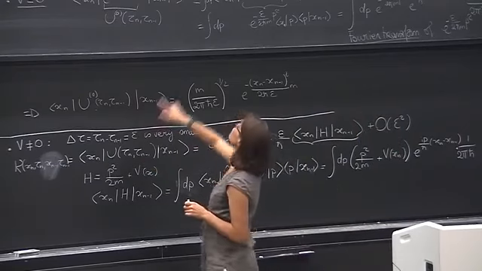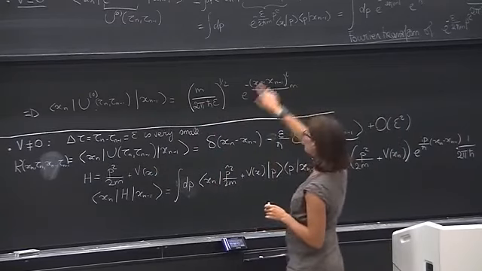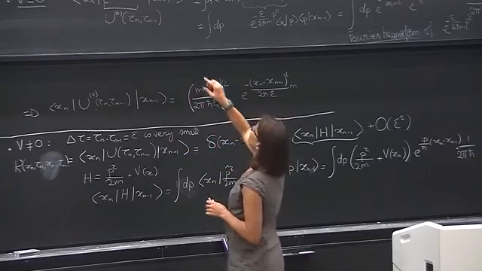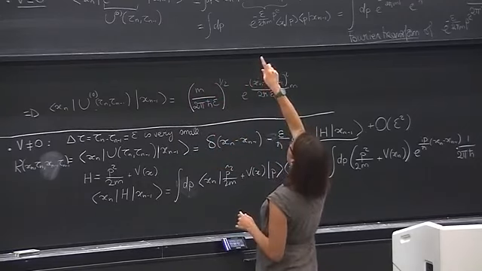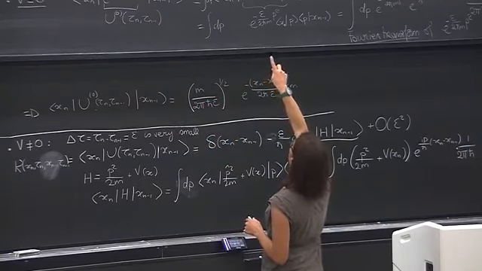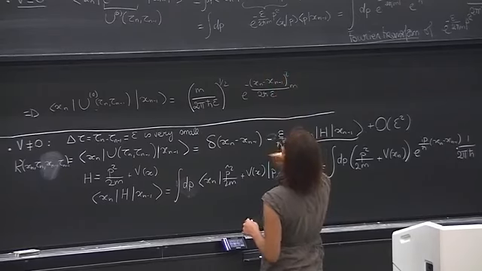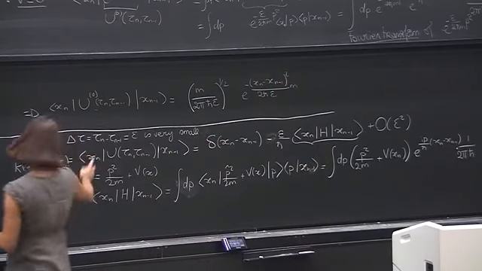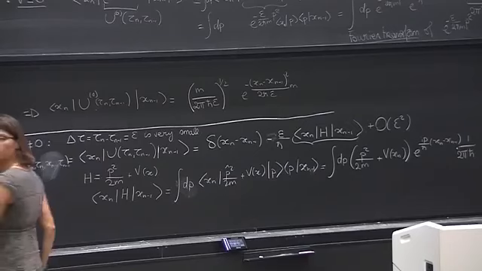Okay, so I'm just looking at one of these terms. So now u is the exponential of, okay, so what you want me to write is maybe what? I think I got it, yeah.